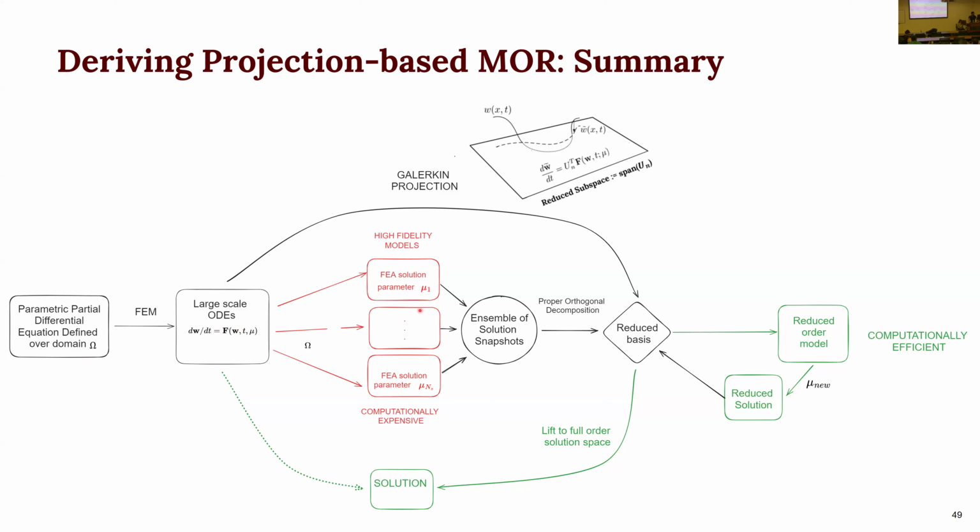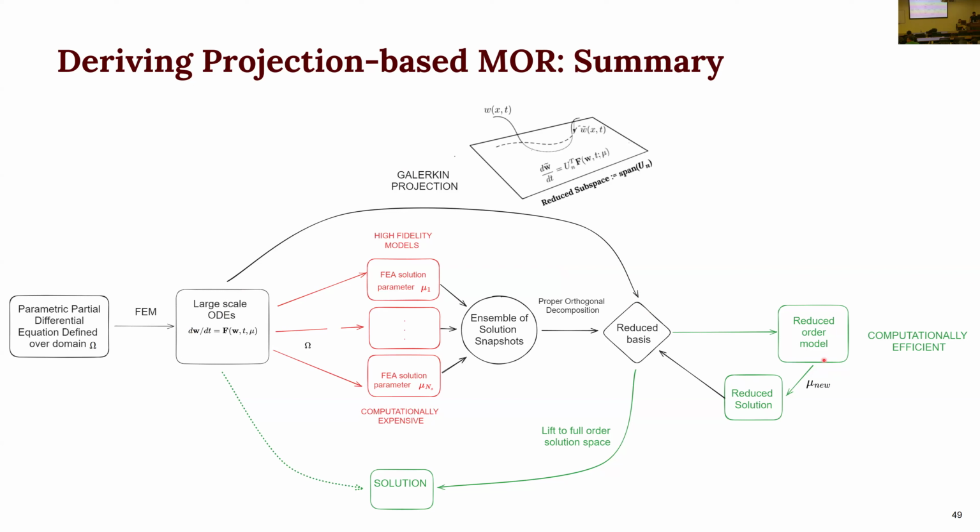And then these are high fidelity models, and we solve for different mu values. Then we assemble this solution, and generate an ensemble of solution snapshots. Then we do proper orthogonal decomposition or singular value decomposition, and we get the reduced basis. Then we take this large scale equation, and we do a Galerkin projection, and we get a reduced order model.